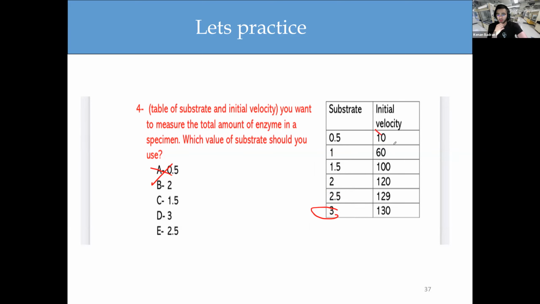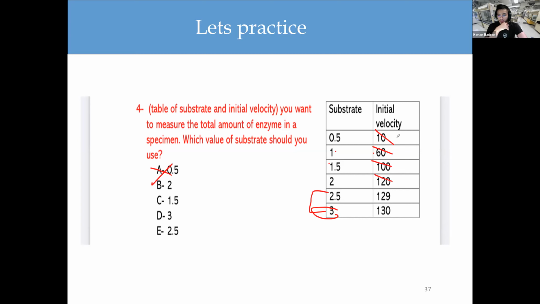So obviously at 0.5, it produced 10. Could it be the initial velocity? Maybe. How do we know? When we gave more substrate, did the speed increase? Yes. Therefore, it can still have more. So when we gave 1.5, is it still increasing? Yes. Up 2, yes. Now, let's look at 2.5 and 3.